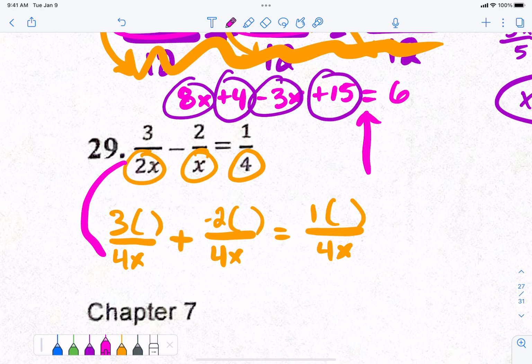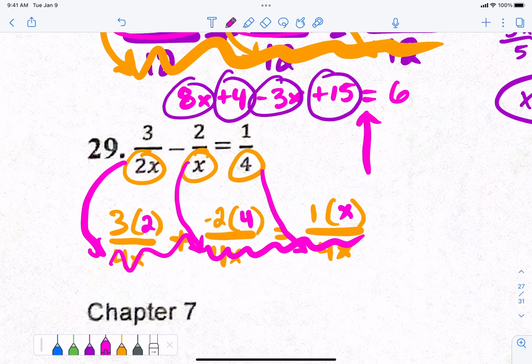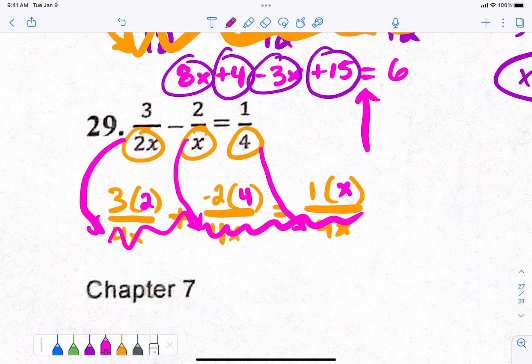From 2x to 4x is 2. From x to 4x, we need 4. From 4 to 4x, we need x. Are we doing okay with that? All right, 4x is gone on the bottom. Hey, this one's really nice.